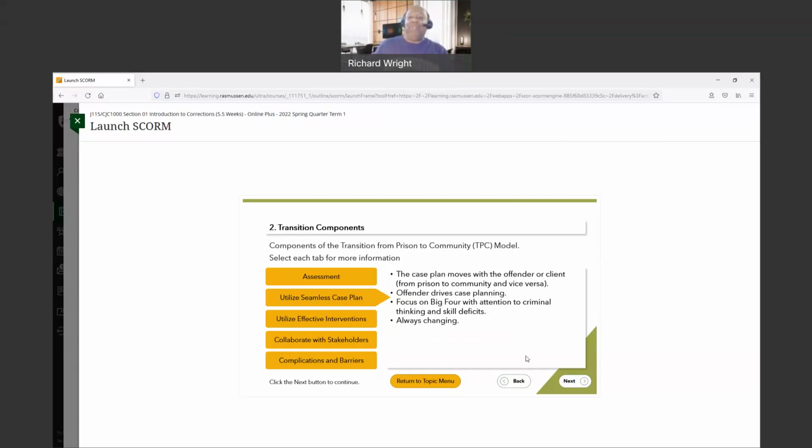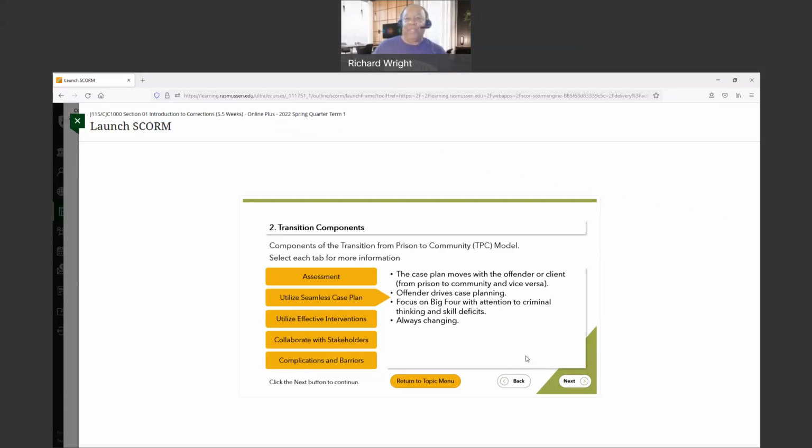And so what we want to do, and this is another way of saying from 12 to 6, is move the offender from prison to the community. But they have to be ready. And it involves a lot of case planning, a lot of time put in. Again, remember the key thing is that you must address the reason why the person is there. Must. It's critical.